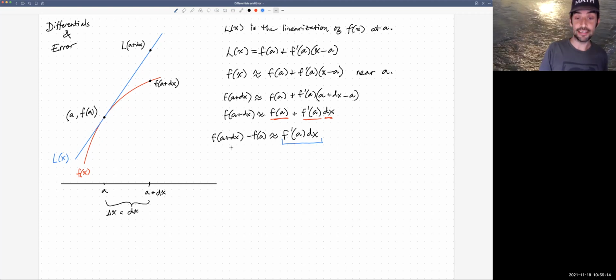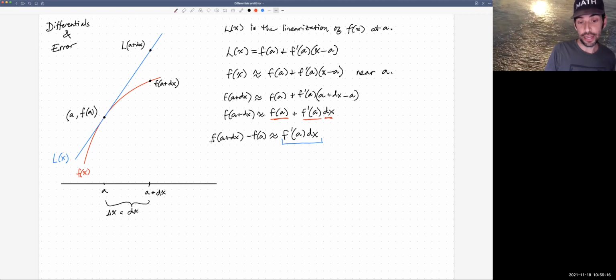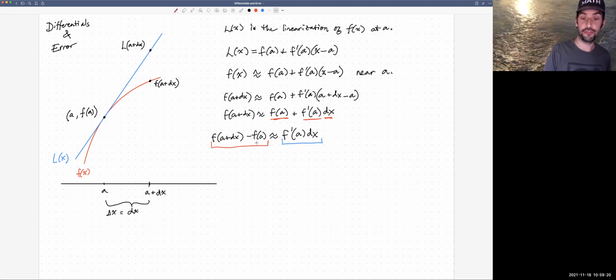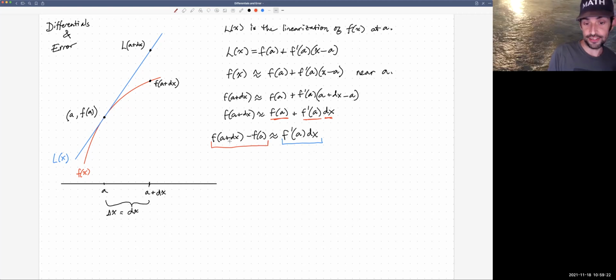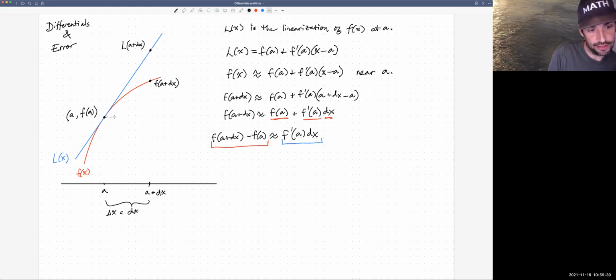On the left-hand side, we have precisely how much the function changes, right? This f of a plus dx minus f of a represents precisely this distance. If I look at the height, this height here is f of a.